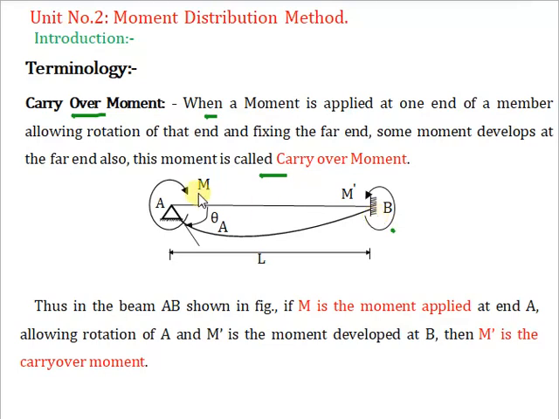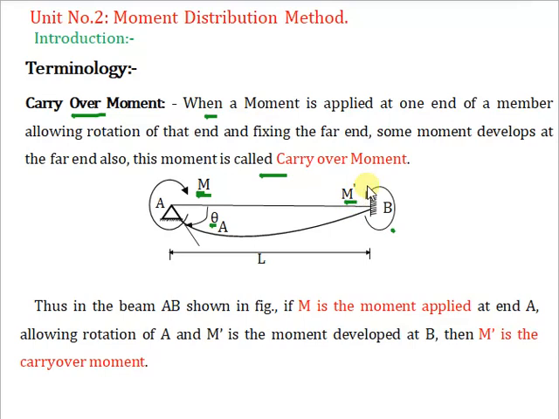If a moment M is applied at A, due to that moment there is a rotation theta A. So whatever moment is applied at A, let's call it the applied moment, and the moment generated at the far end due to that applied moment M, let's say M dash.